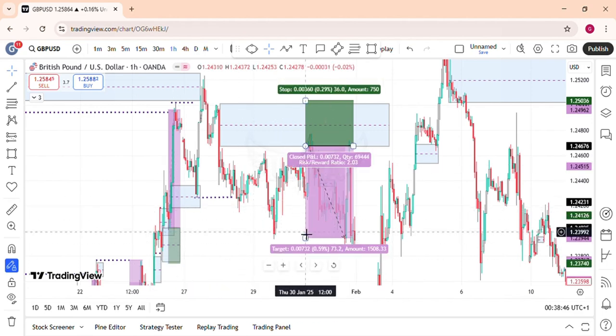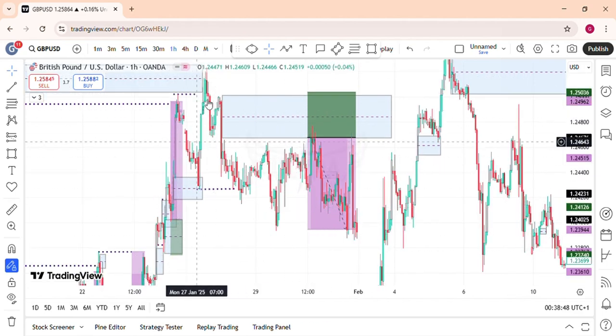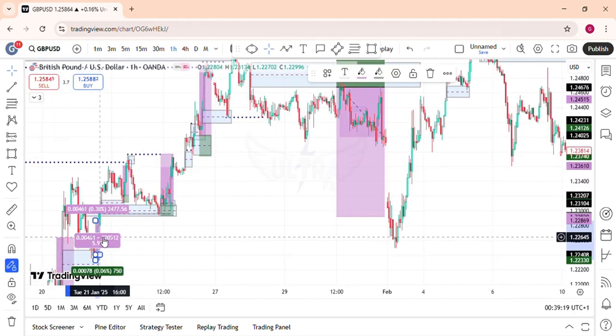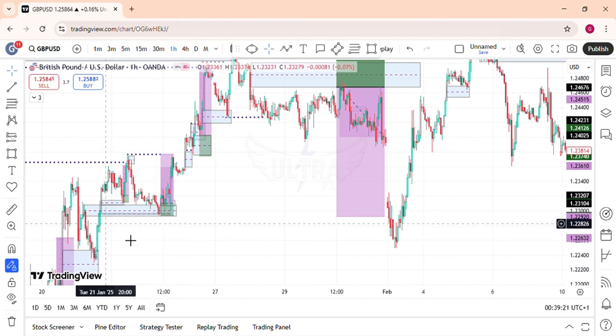So you know that since market is coming from a higher time frame fair value gap, you need not more. This is a fair value gap that has been formed here. Let me delete this.